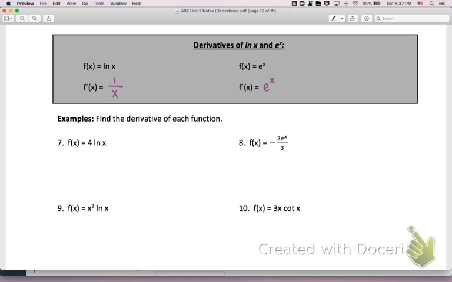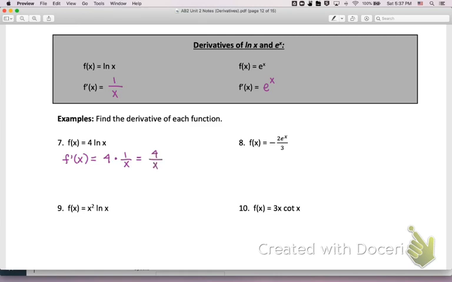So let's practice with some of those derivatives. Don't forget that we have to keep things in mind like constant multipliers, product rule, and different things like that. So if we look at number 7, this is just a constant multiplier, 4 times the natural log of x. So that means that f prime of x is going to be 4 times 1 over x, which we could write as 4 over x.